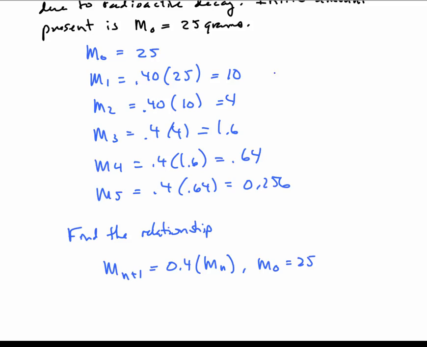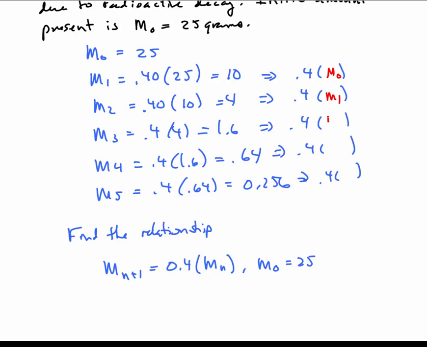So if we wanted to write these out a little bit differently, we could see that occurring. So this would be 0.4. All of these have this 0.4, so that kind of helps me define these. And then instead of putting in the number, let's put in the value. 25 was m naught. Okay, and then we took it times 0.4 to get 10, but 10 was m1.